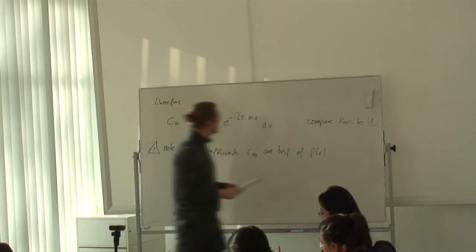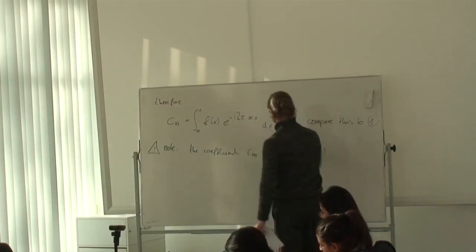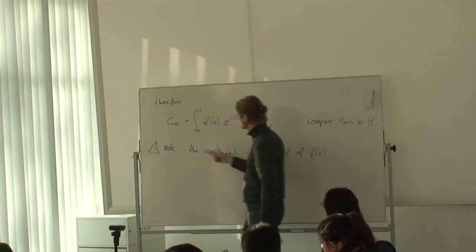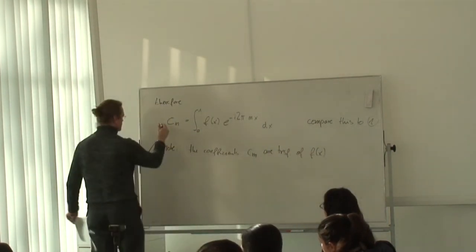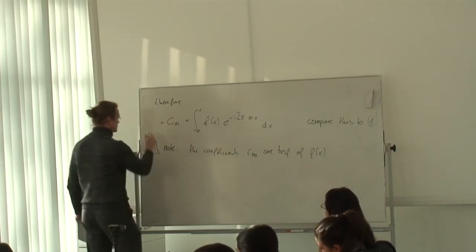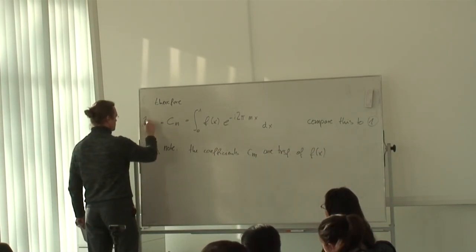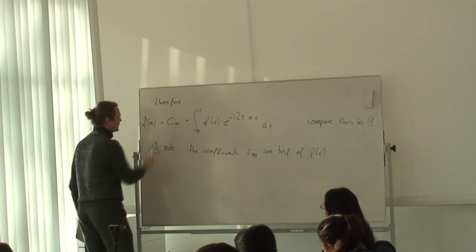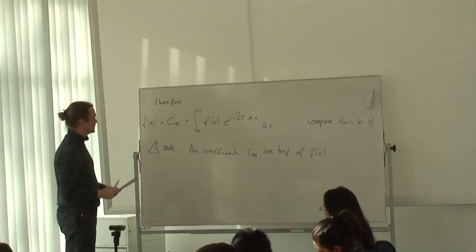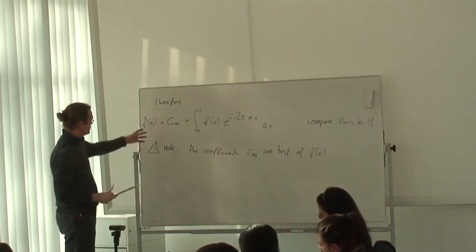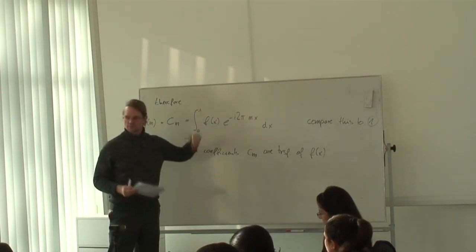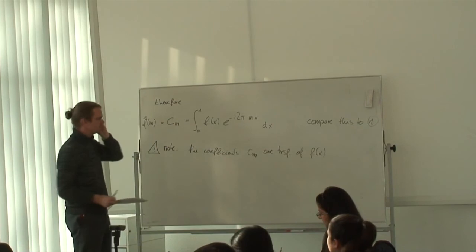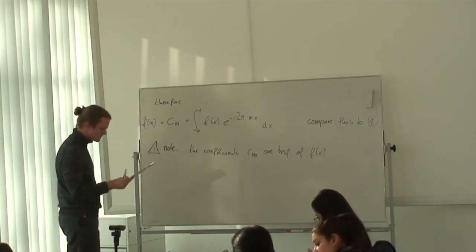And another way of writing this is, instead of calling this c_m, quite frequently you may also find something like this, say f hat of m. Right? Because if you look at this, it is a function that depends on m. For different m's we get different values here, or different expressions.